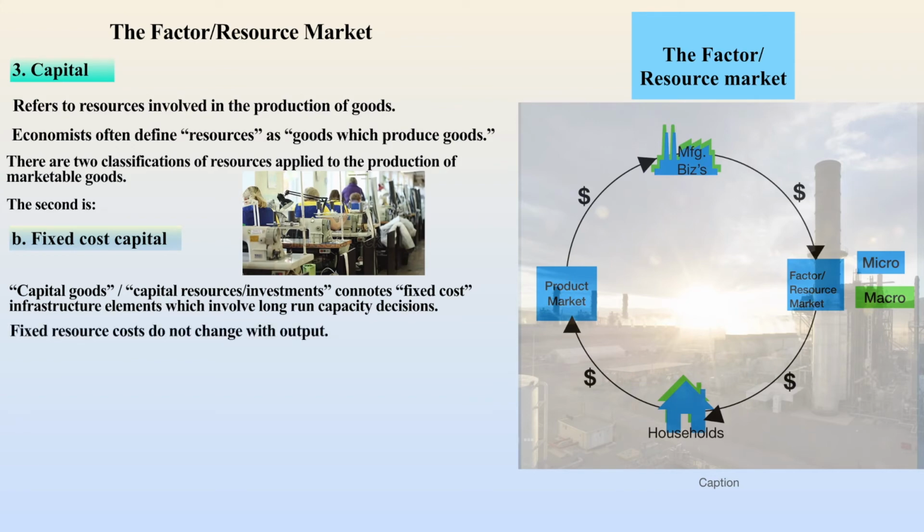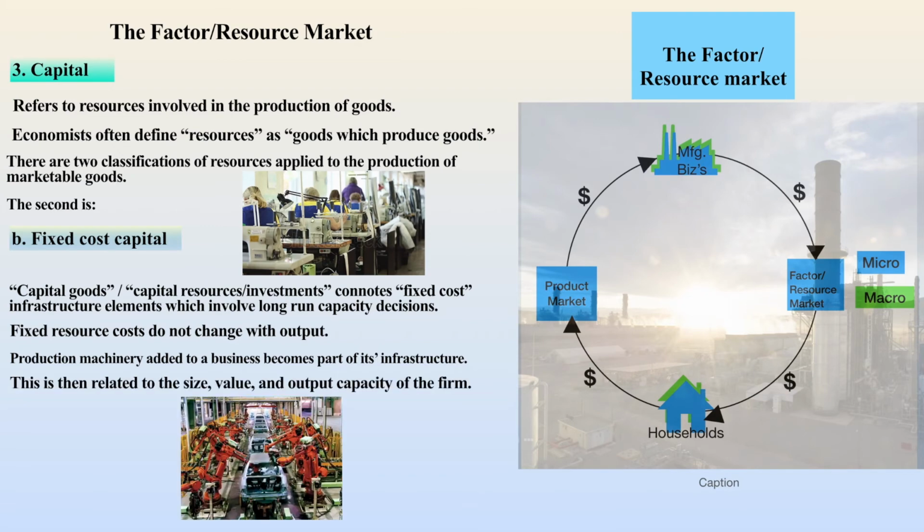Fixed resource costs do not change with output. Production machinery added to a business becomes part of its infrastructure. This is then related to the size, value, and output capacity of the firm. When firms change their fixed costs by changing their output capacity, these are referred to as long-run decisions and long-run changes.